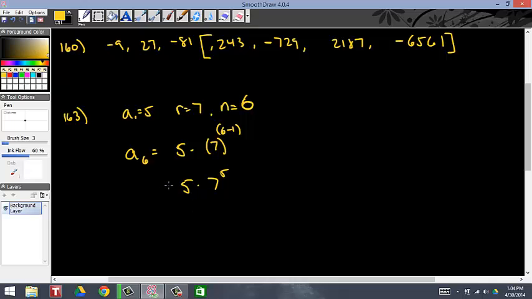What do you think the mistake I'm going to see here is going to be? 5 times 7. That is wrong. It's 7 to the 5th, and then times 5. A sub 6 is going to equal 84035. And you're done. Remember your order of operations.